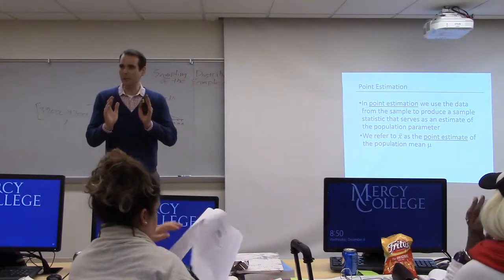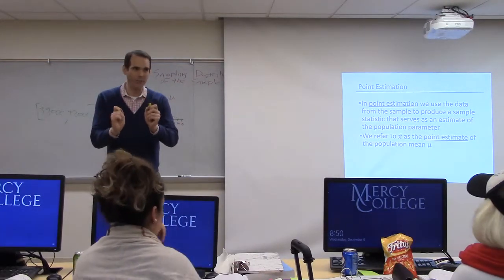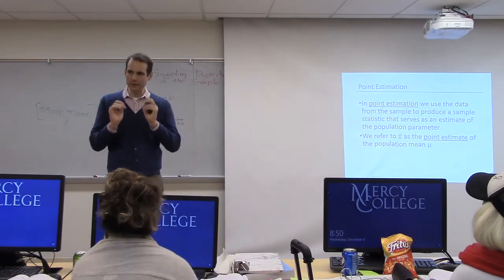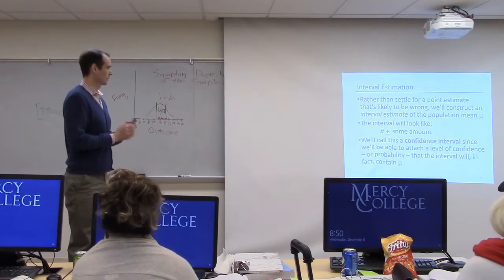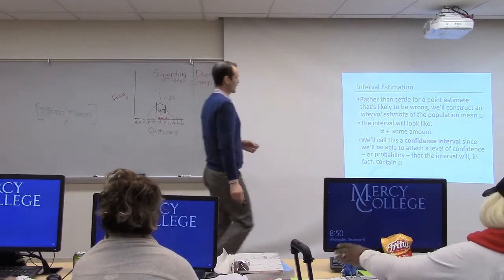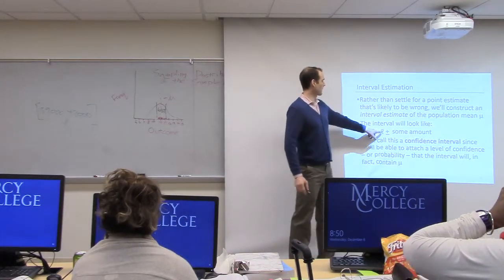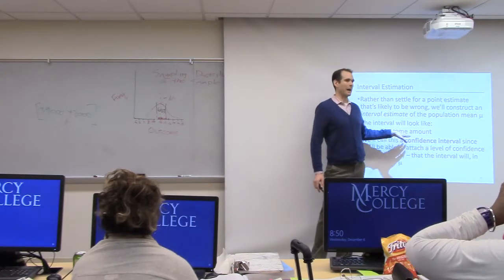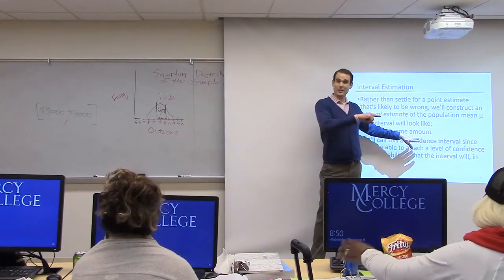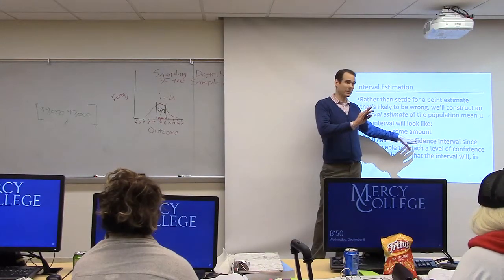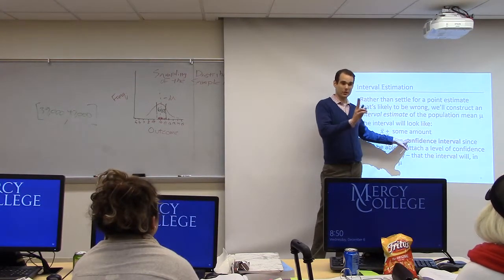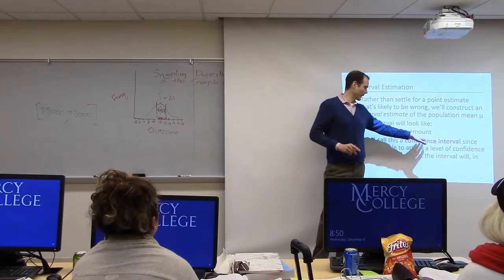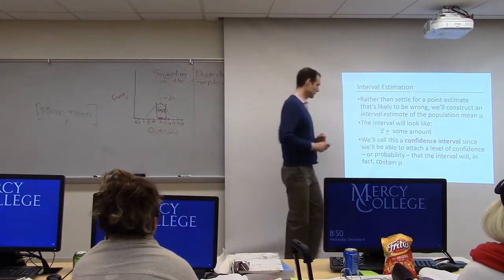And not only that, we can say exactly how confident we are that it will contain it. So we're going to go sample mean plus or minus some amount. In our previous example, we wanted to be 95.5% confident, so we added plus or minus 2 standard errors, whatever the standard error was.